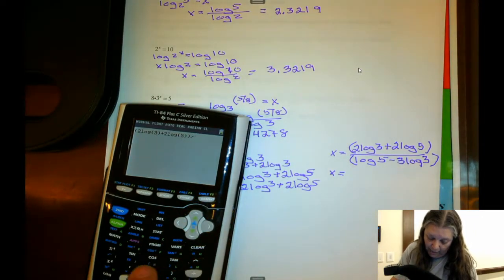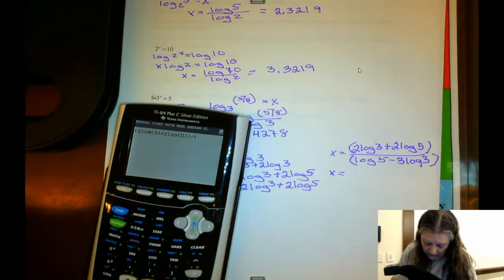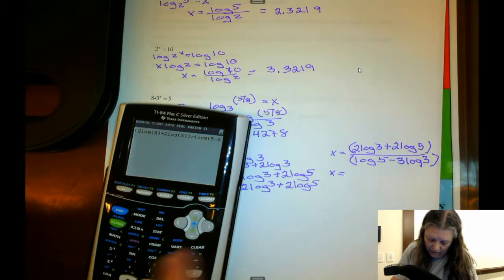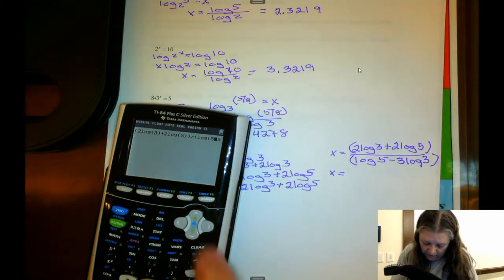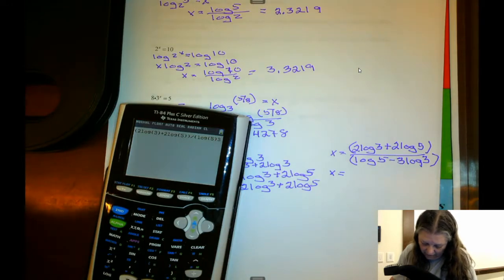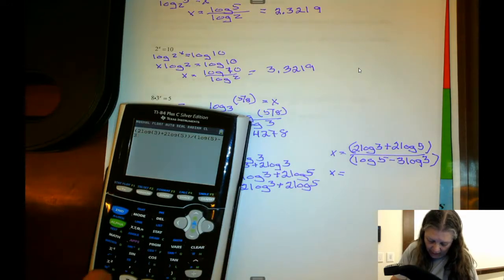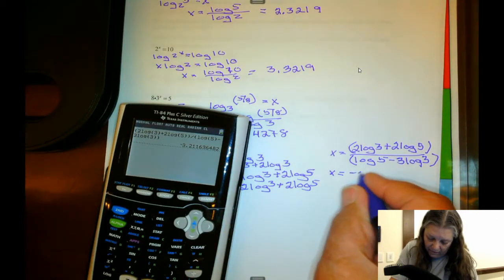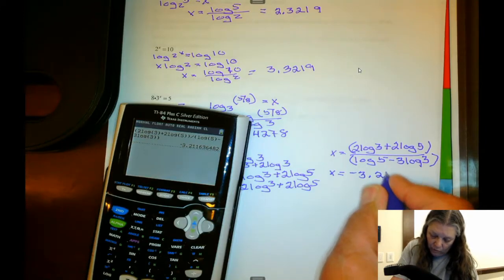So divided by parentheses, log 5 minus 3 log 3, close. And we get negative 3.2116.